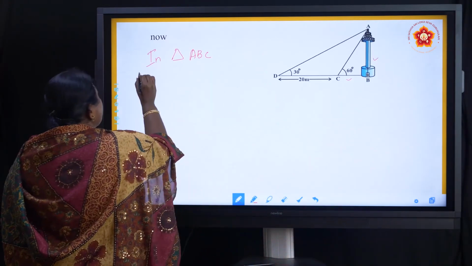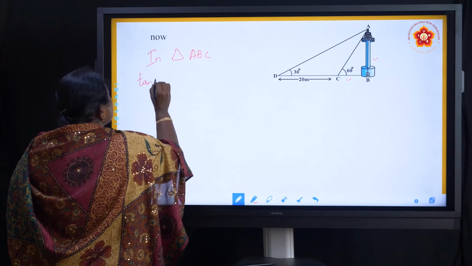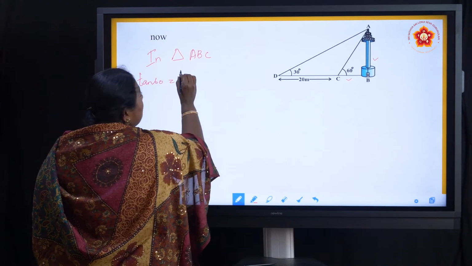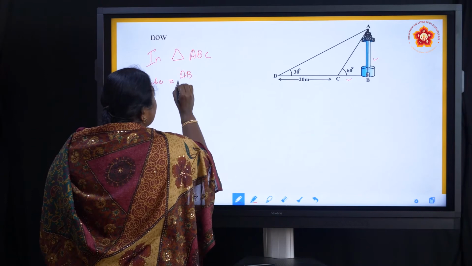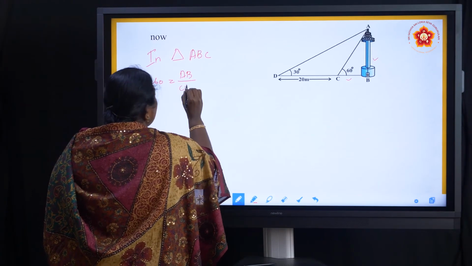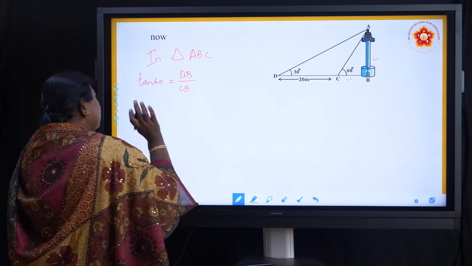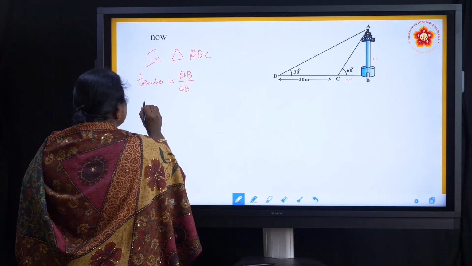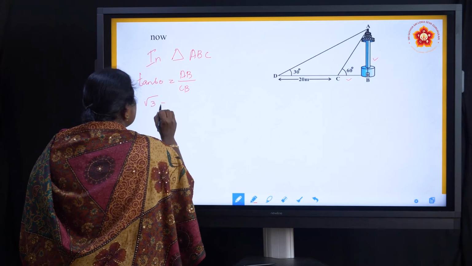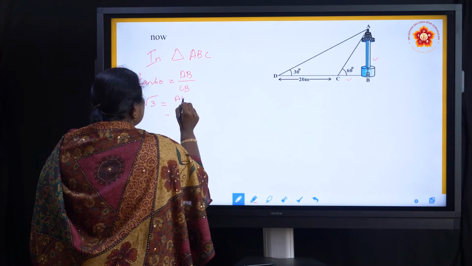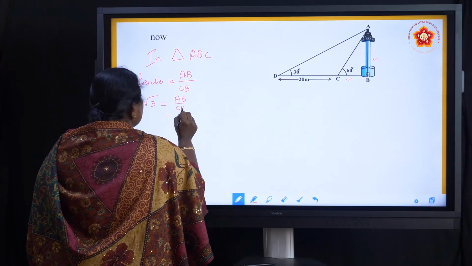So who is the one relating? Tan 60 is equal to AB, the opposite side, by the adjacent side. Right? Do I know any values? No. Keep it as it is, no problem. Tan 60 is root 3, which is equal to AB by CB. So what do I get?